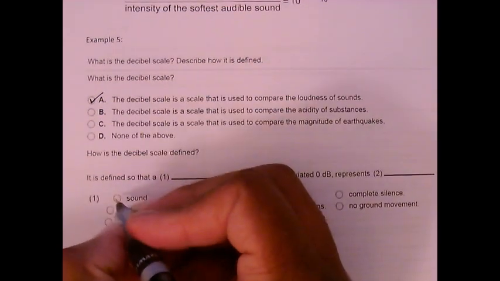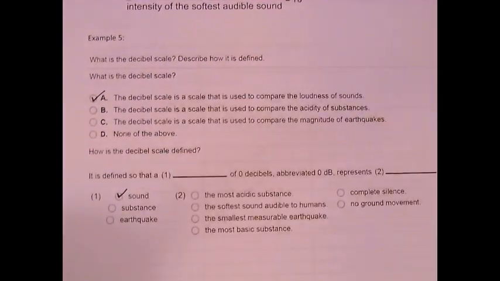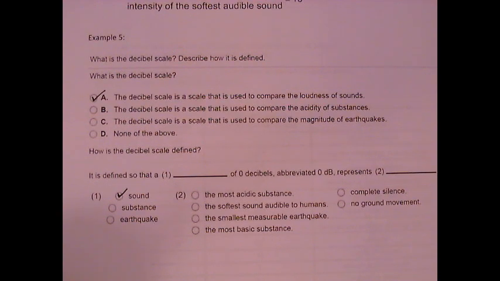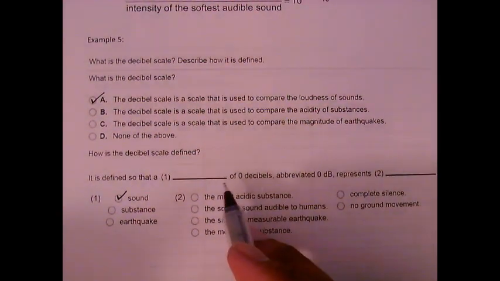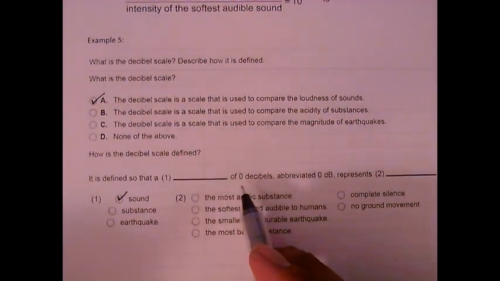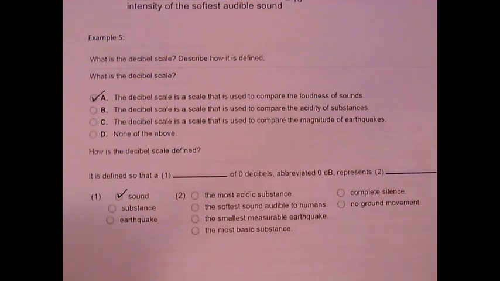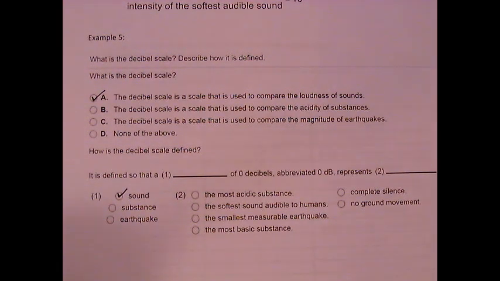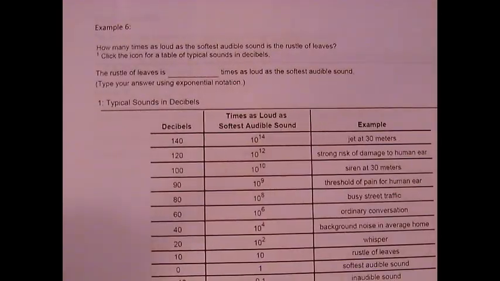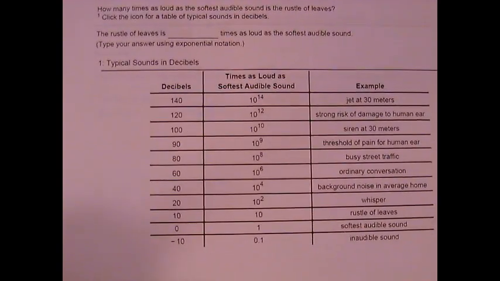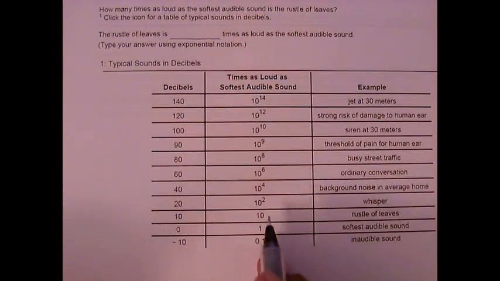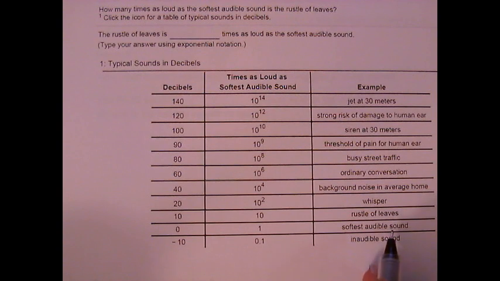Here we're dealing with sounds, since we're dealing with decibels, so we obviously will choose that. That a sound of 0 decibels, abbreviated 0 dB, represents, and on the next page I'm going to show you this, the softest audible sound.